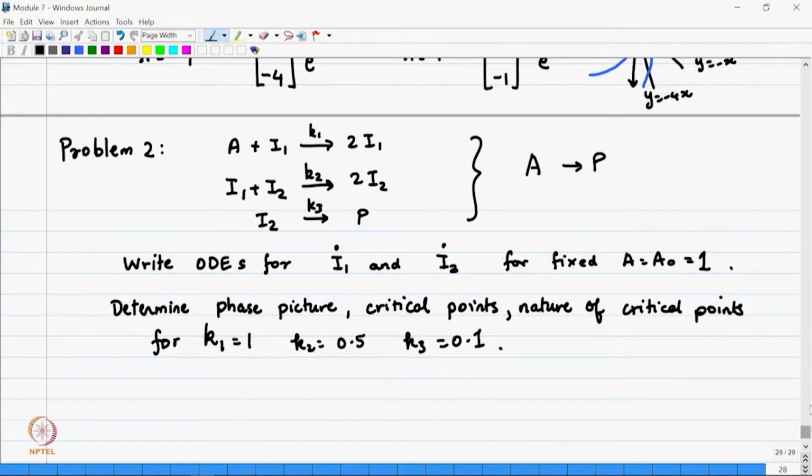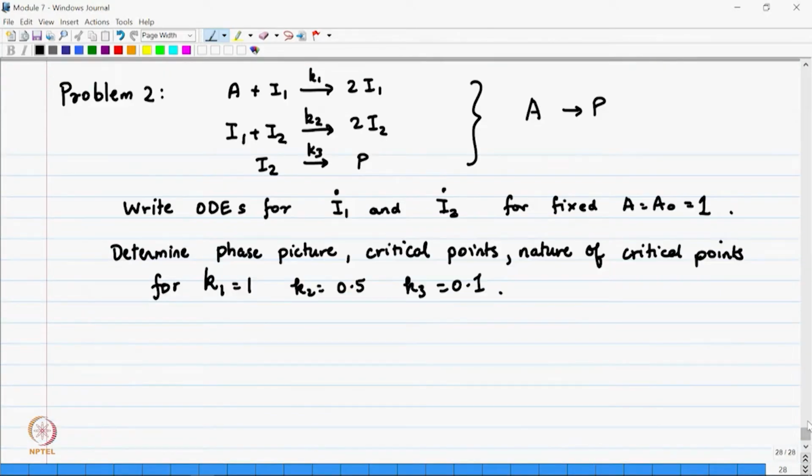The first step is A reacting with I1 to give 2 I1. I1 might just be an excited state of A, or it might just be some modified form of A. Then you have I1 plus I2. I1 and I2 are 2 intermediates. That gives 2 I2. And then I2 going to P, and these are the rate constants.